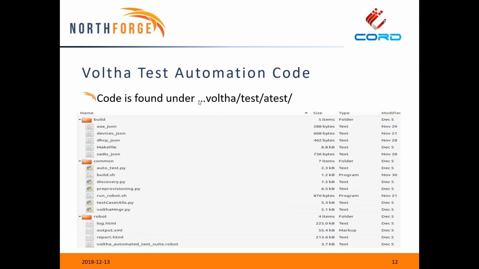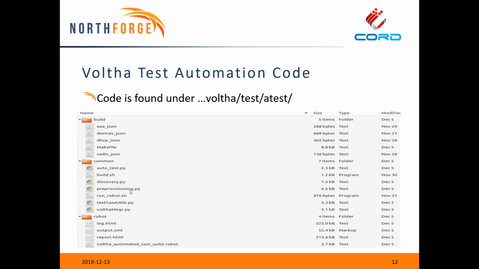As far as the code, that's located under VOLTHA test and A test, for automated testing. These are the files we have so far. If we start with the ones under common, these are mostly the Python files. We have VOLTHA, that's everything associated with starting and stopping VOLTHA. We have a utilities file for Python calls.